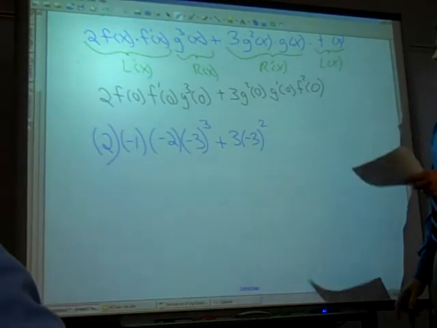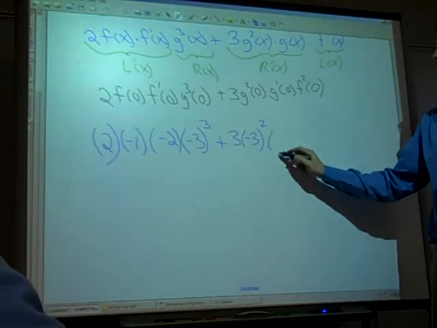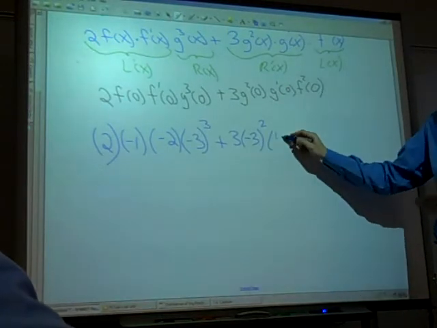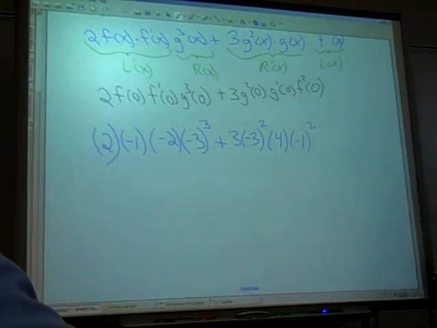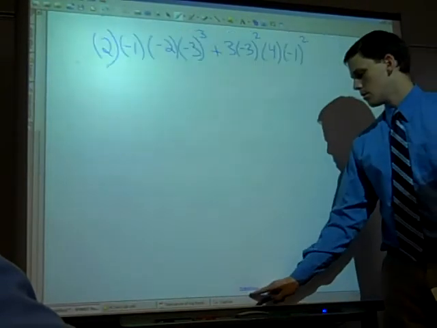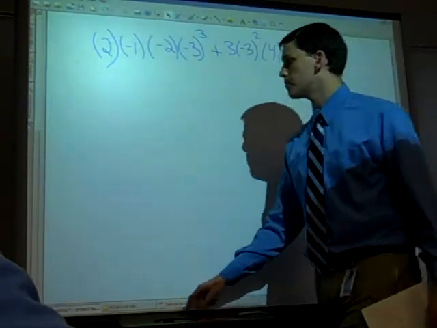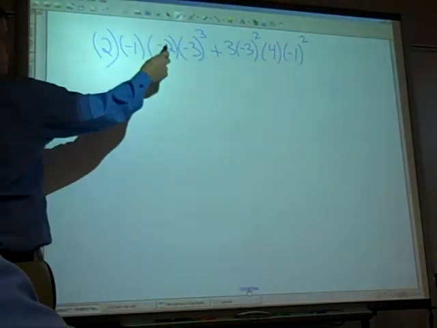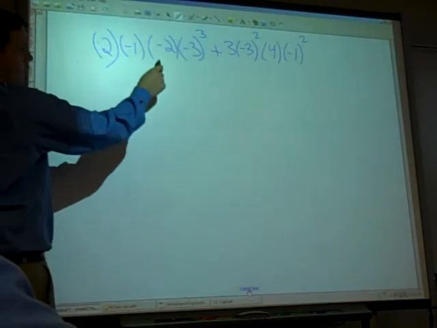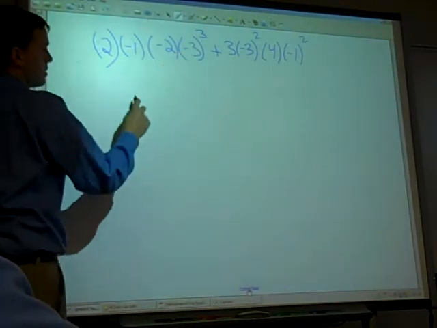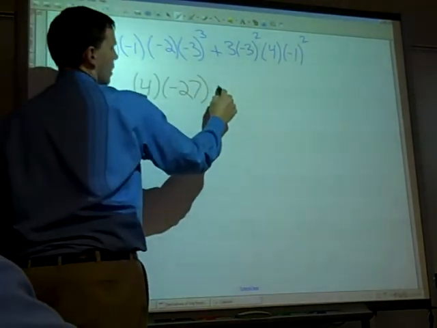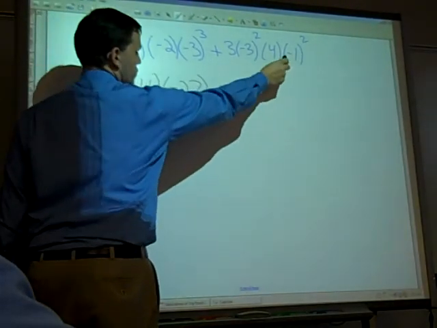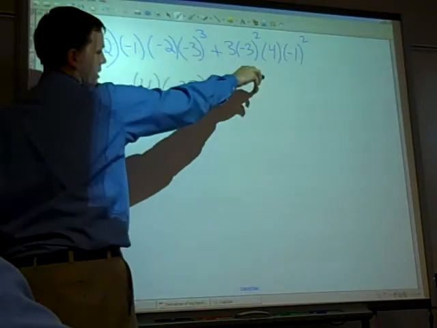I think, is that right? Yeah. G prime of 0 is what? 4. And what's f at 0 again? So -1 squared. So multiplying this out, negative times a negative is a positive, so that's going to be 4 times -27, plus, all my negatives go away because there's an even exponent.